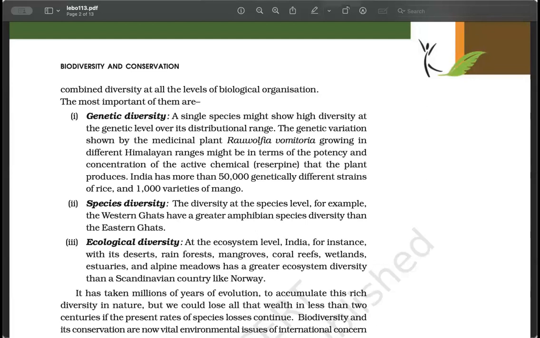That's not the case, because one type of forest cannot support different types of species. Not all species can live in grassland, not all species can live in wetlands, not all species can live in desert. There are species which are important and adapted to their respective habitats. So we have to save all habitats alike, okay? Not just the forests or rainforests.